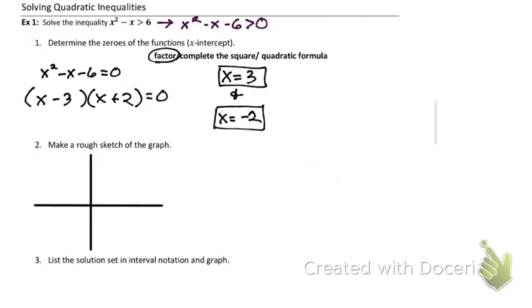I only really care about the x because I need to cross at 3, so I'll just make 3 tick marks. 1, 2, 3. We know there's a point right there at 3 because that's based upon x equals 3. And then we have one at negative 2. Negative 1, negative 2. I got that guy right there.